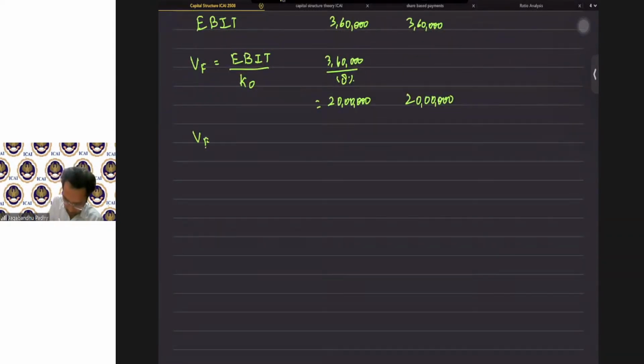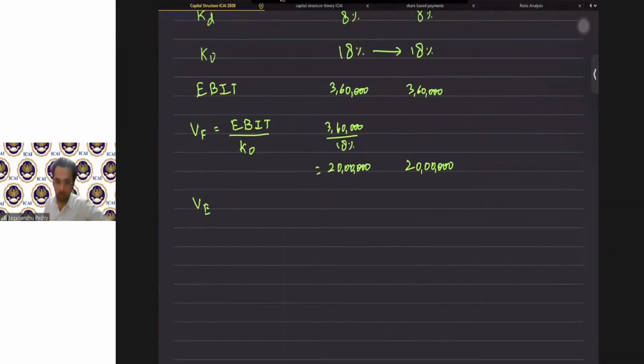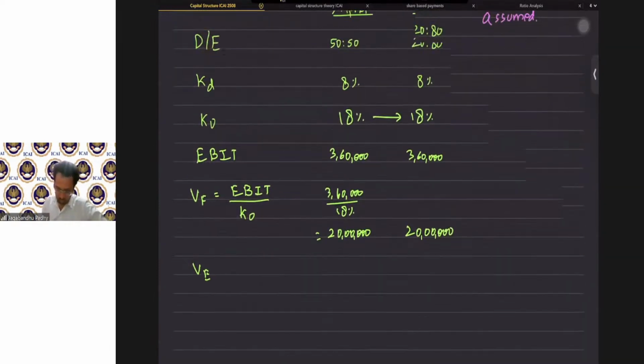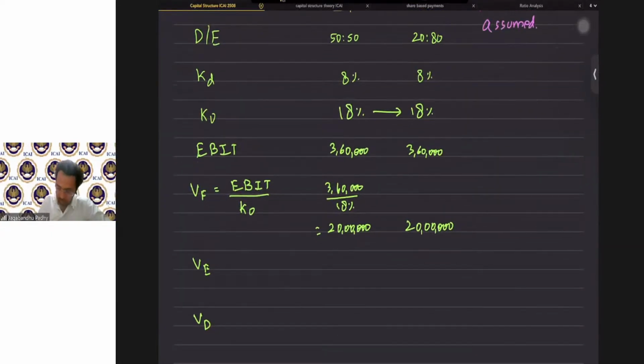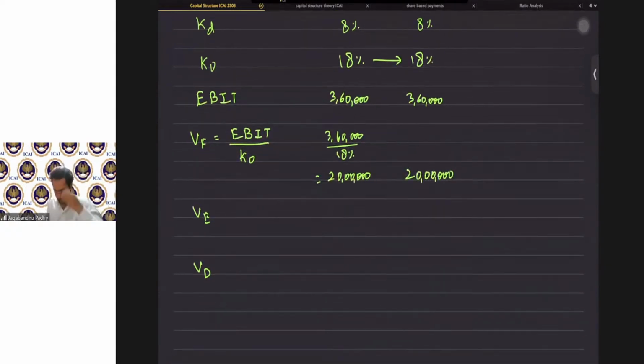And value of equity and also value of debt: since the debt equity ratio is given as 50-50 for Alpha, value of equity is 10 lakh, and even the value of debt is 10 lakh because of that 50-50 ratio.